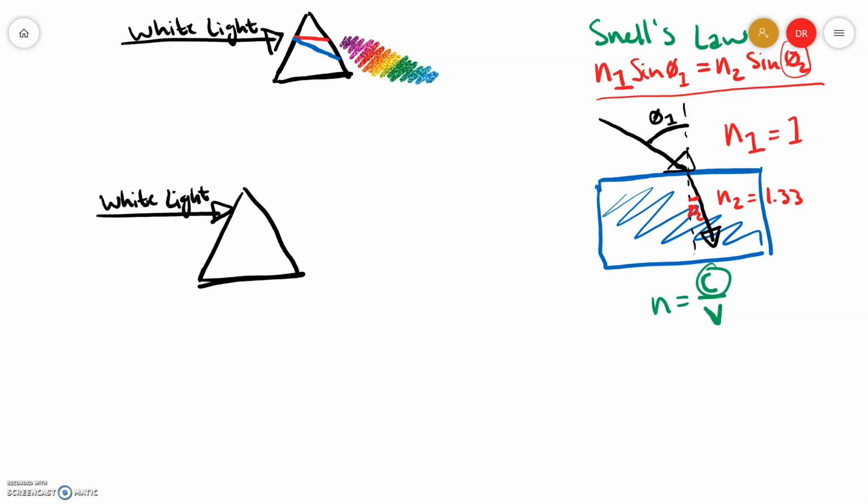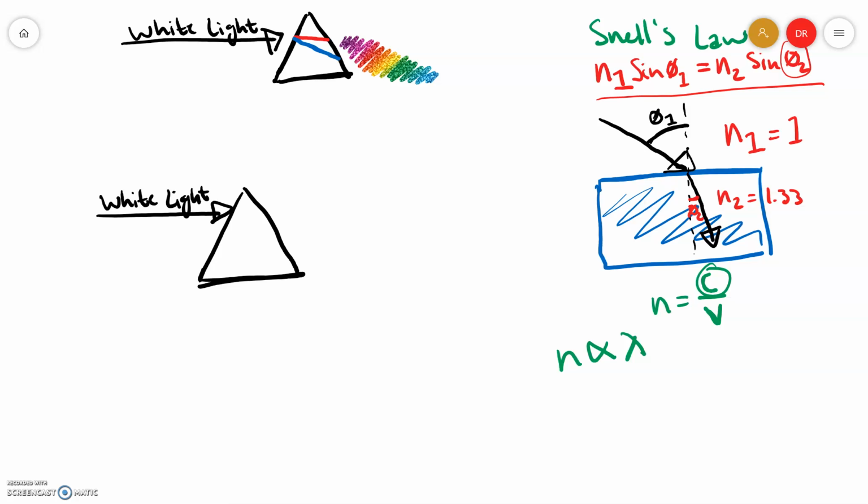We can see that each of the individual refractive indexes for each of the different colors is actually different, because this refractive index, n, is going to be proportional to the wavelength of the light.